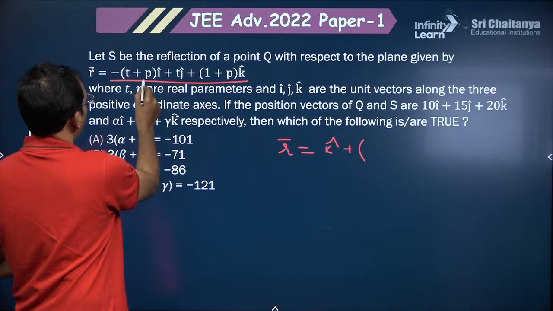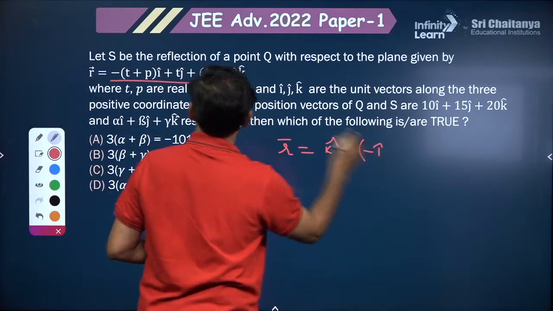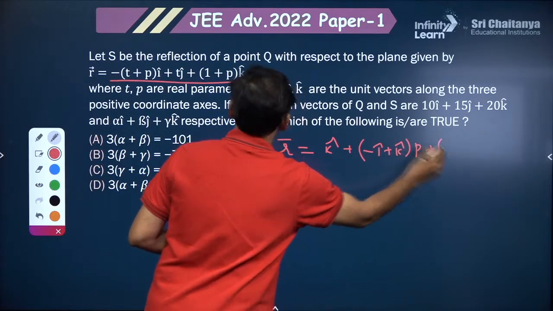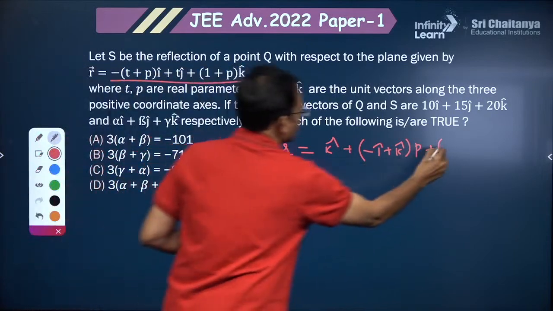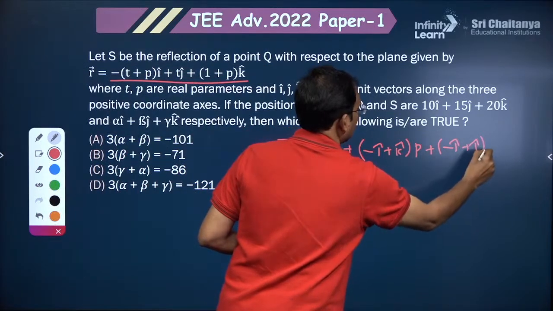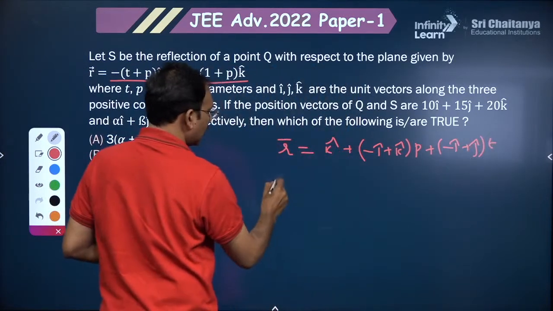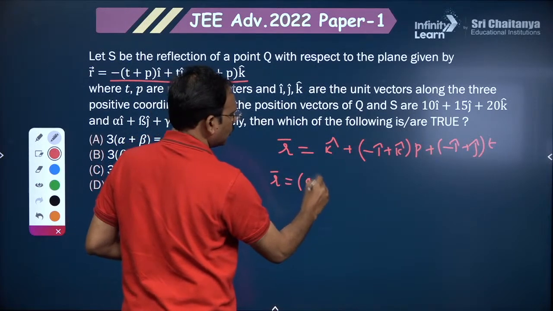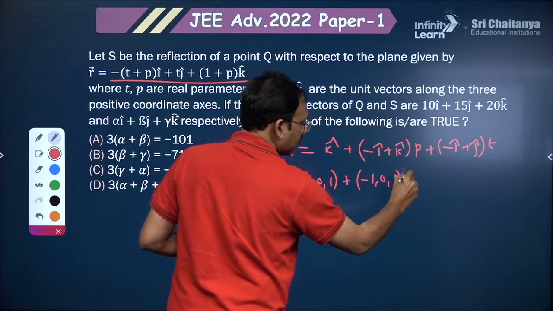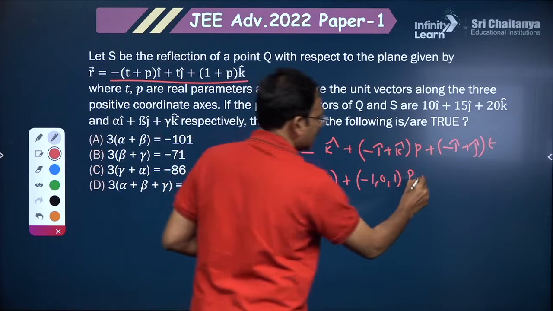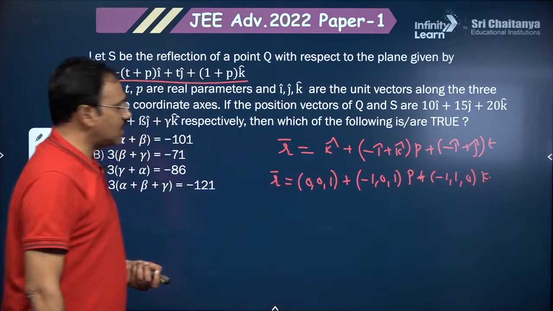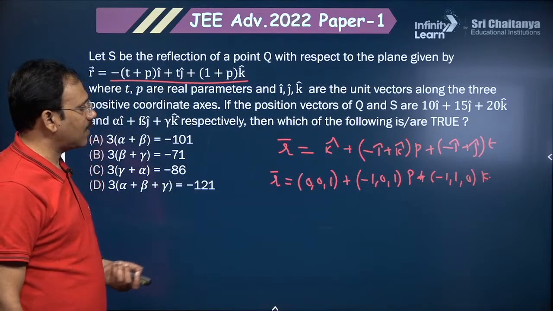You just take out P, this is minus I cap, here P is not there, plus K cap, and another T coefficient, minus I cap, then T is going to be plus J cap into T. So you can say it is R bar equals 0 0 1 plus P times minus 1 0 1 plus T times minus 1 1 0. So it is like R bar is equal to A bar plus T B bar plus S C bar.